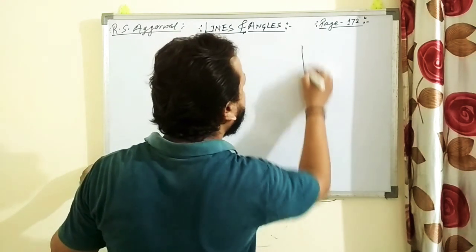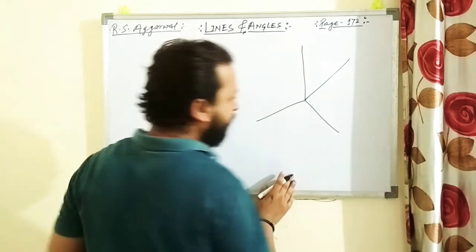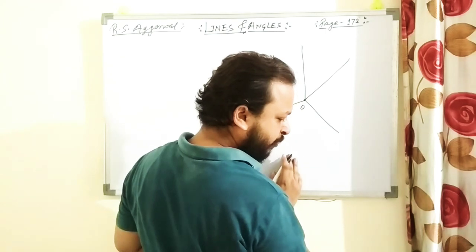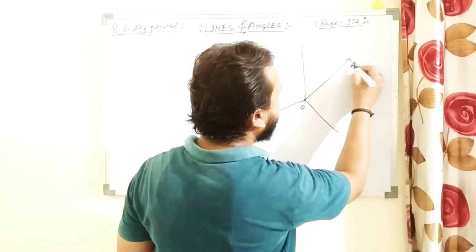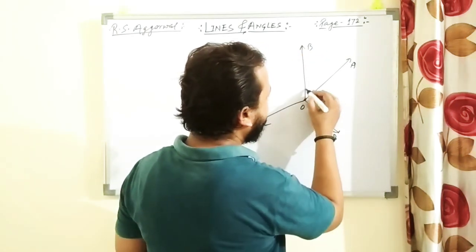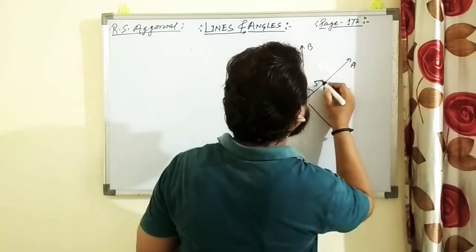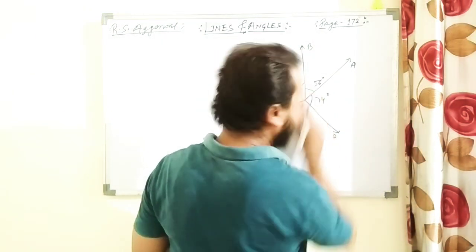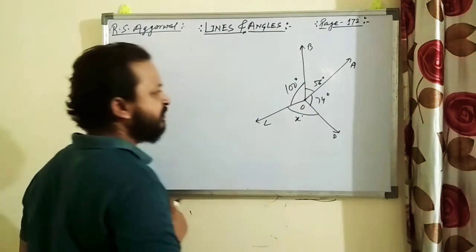This is given as this figure: there are 4 angles, right, around a point O. This is, I think, A and B and C and D. This angle is given as 56 degrees, 74 degrees, and this angle is 100 degrees. You have to find the value of X, right?